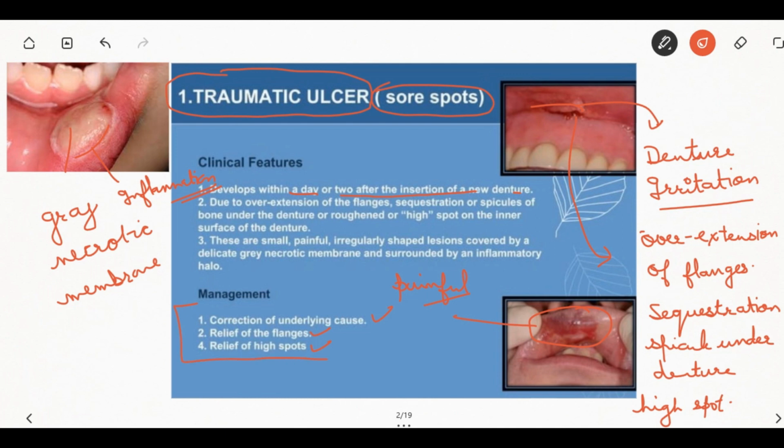That can be corrected by removal of any tiny sequestrum, or there could be high spots present on the fitting surface of the denture. So we can correct them by giving a relief of these high points. So when the cause is removed, the ulcer will heal promptly.